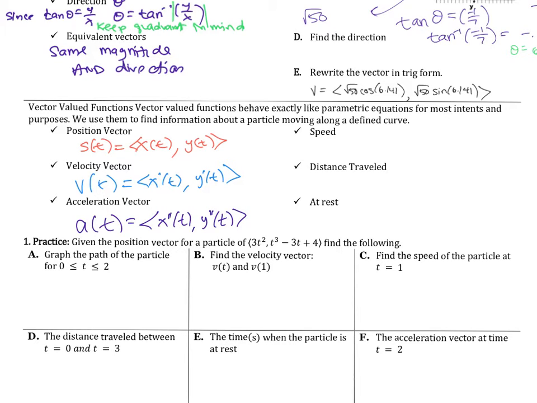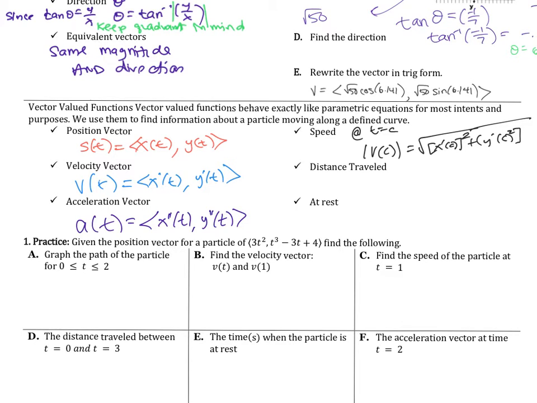Speed at a specific time, so let's say at t equals c, that would just be the magnitude of the velocity vector at that particular value, which would be the square root of x prime of c squared plus y prime of c squared.